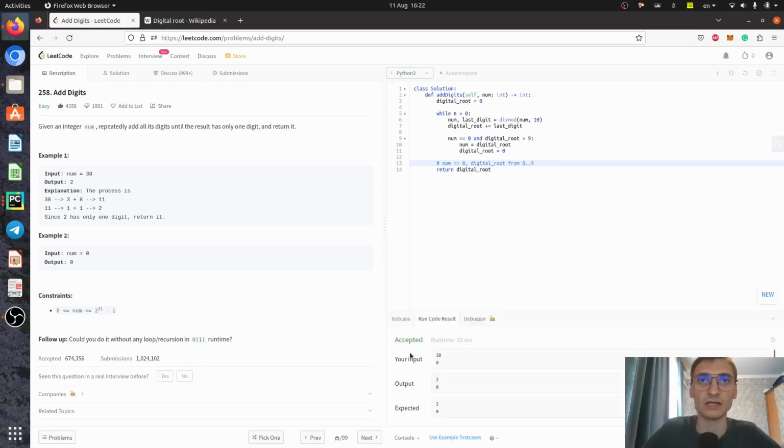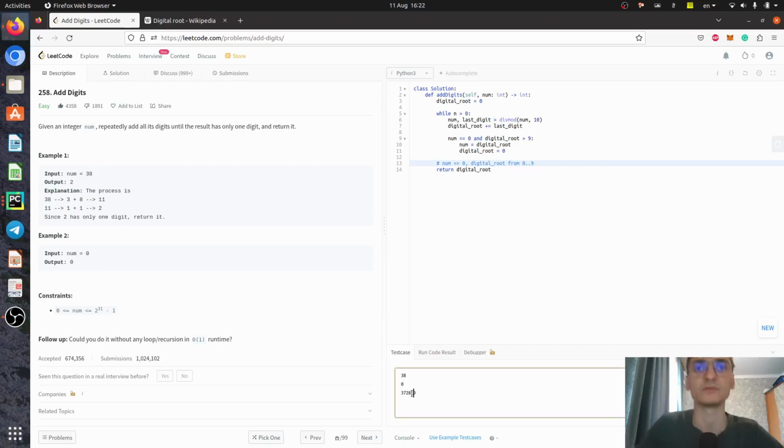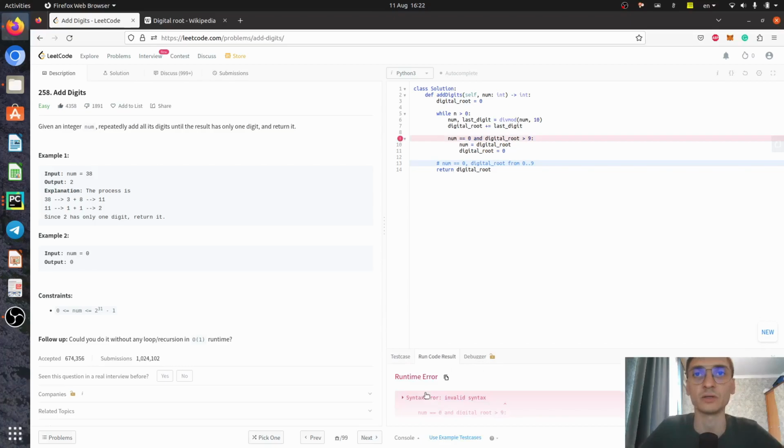And I even created some test cases. We can think of something new and run our code. It's invalid because, of course, I forgot our if statement, if number equals 0.